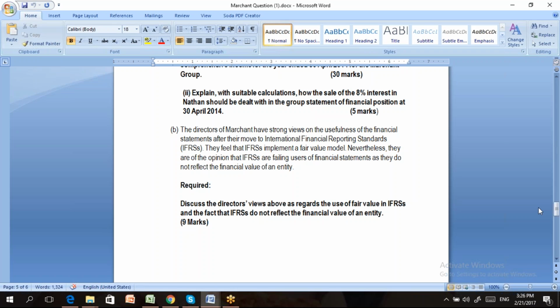What is the fair value model? The balance sheet, the historical. The statement of financial position. The IFRS also feel it should reflect the fair value. So that is why IFRS 13, fair value measurement, has come. It was basically to solve the problem in the application of the fair value concept.